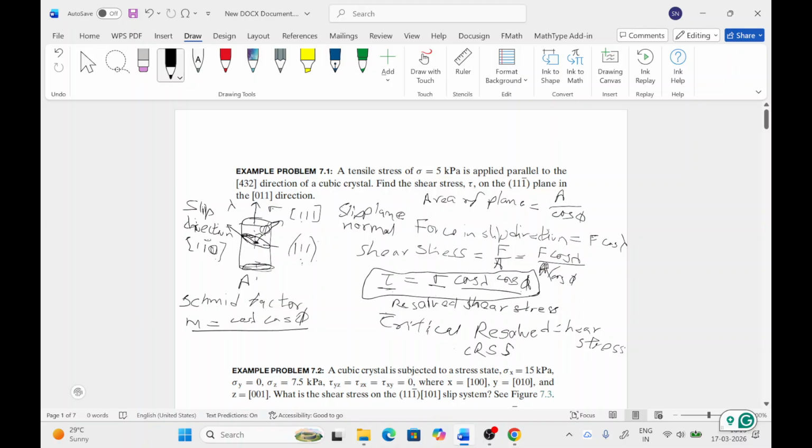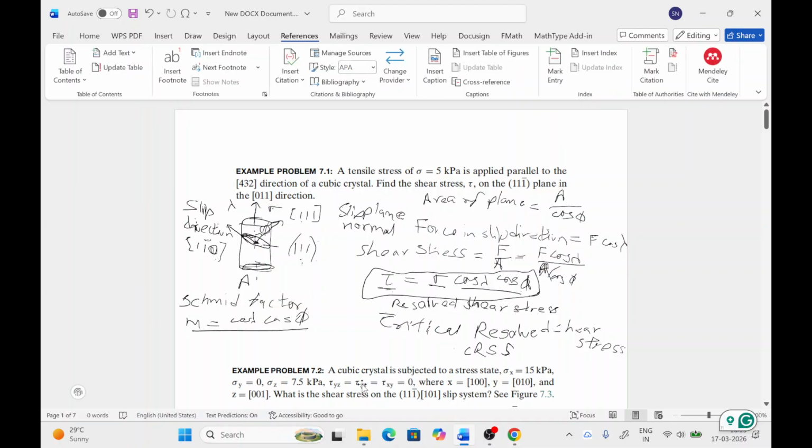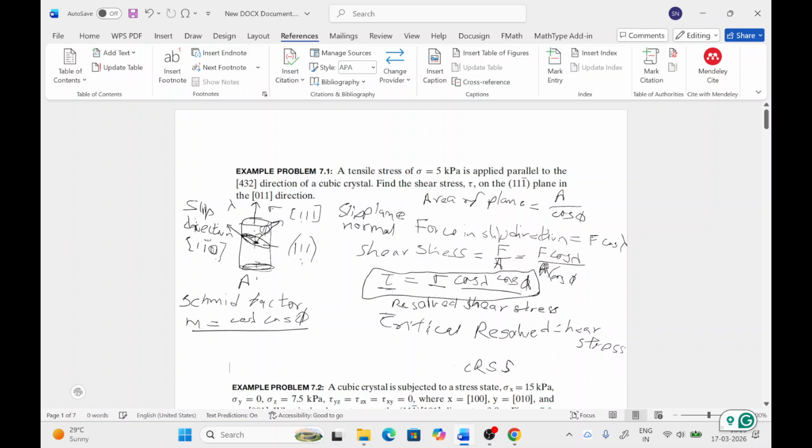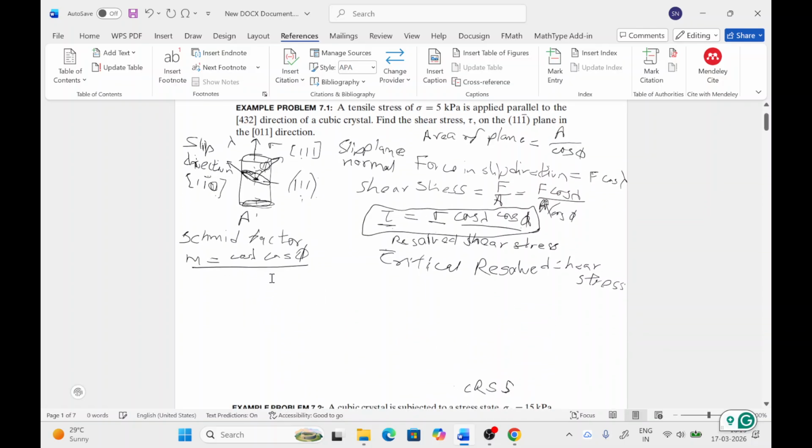For a bulk material, the critical value is the yield stress, the yield strength of the material.